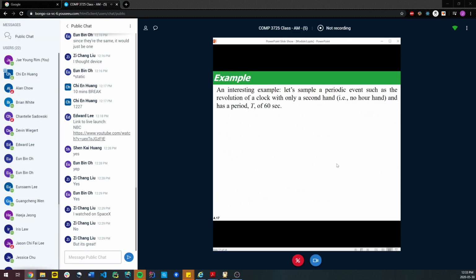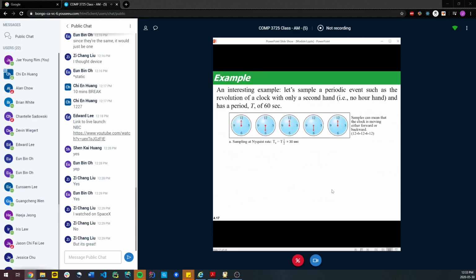Any question? Clear enough. So the next thing, let's take a look at a clock. For most of you, you may have seen only digital clocks, but let's assume that there is an analog clock. Now, sampling just means opening and closing your eyes at a moment of time to look at the things that you're supposed to see. What we have here now is that I'm going to sample at the Nyquist rate.